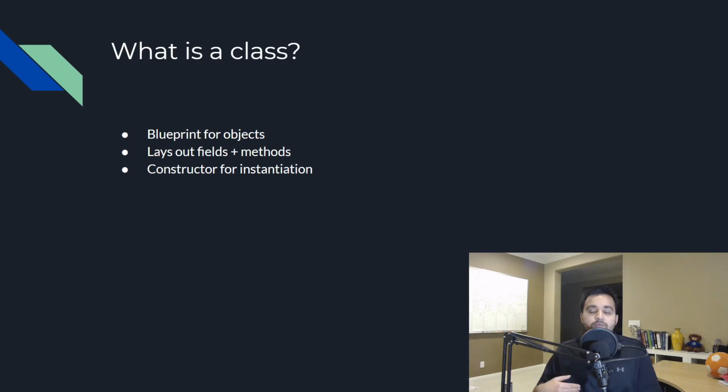It's like the instruction manual. I think that's the best way to put it. If you're trying to use something, the instruction manual that you have to adhere to is what the class is. It lays out the fields and methods that are available to you, and there's a constructor that lets you instantiate the class. So objects can be instantiated via the constructor. I think when I explain the constructor, it's going to make more sense.